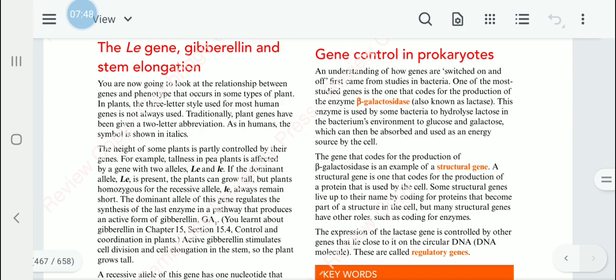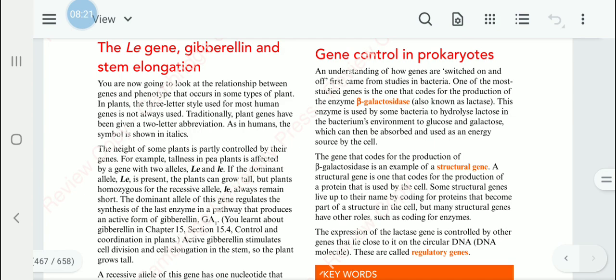Leave a line and write. For example, the height of the pea plant is affected by a gene with two alleles: the dominant capital L simple E allele and the recessive simple L simple E allele.